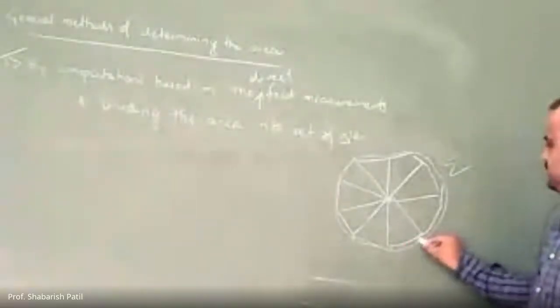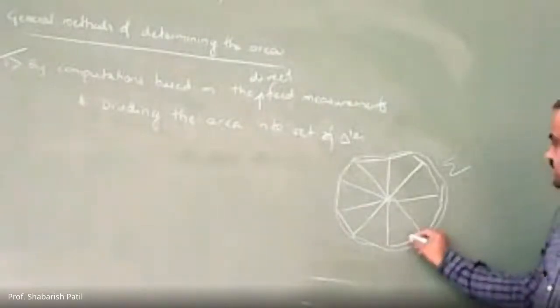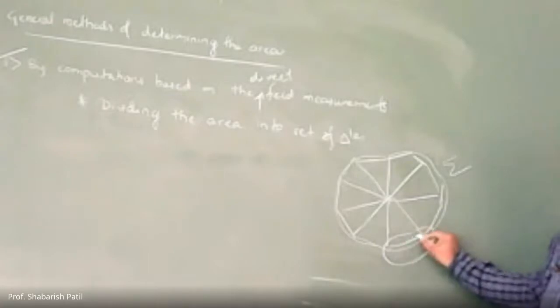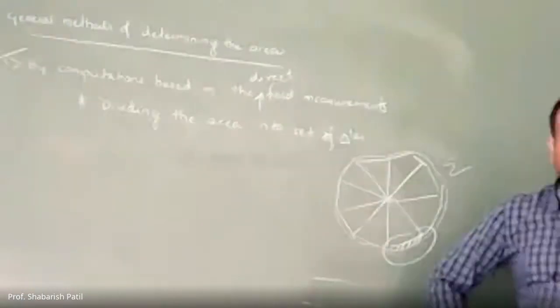The method is not so exact, because it all depends on how accurately we are dealing with the survey. At the same time, it depends on how our main survey lines are. If you look at this portion, this is my boundary, but this is my main survey line, so this area is not included in the computations.